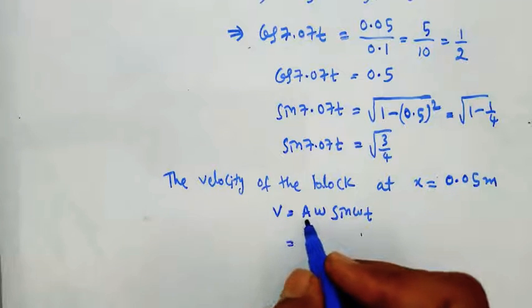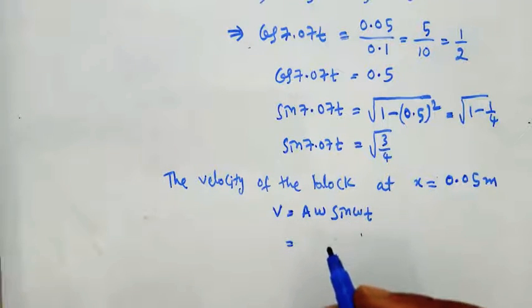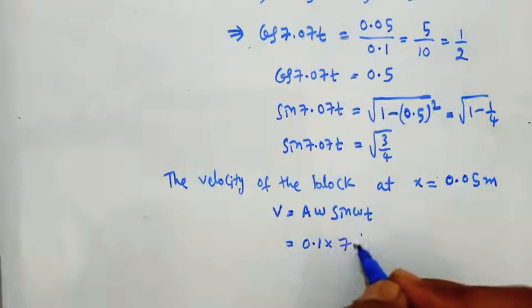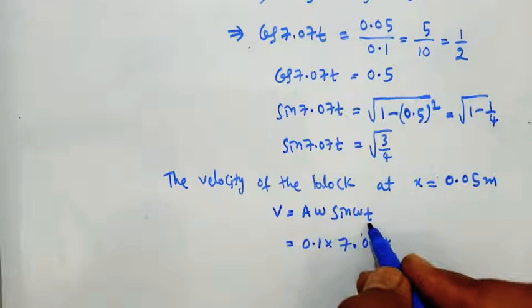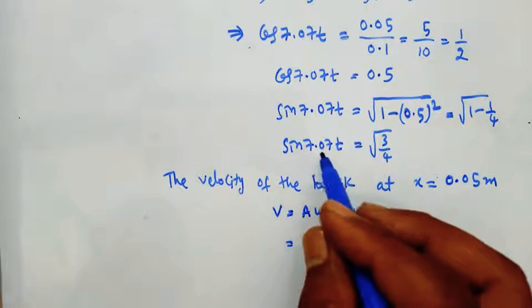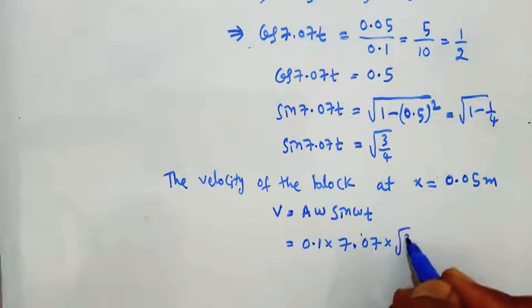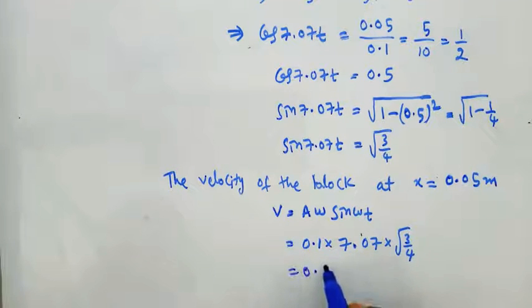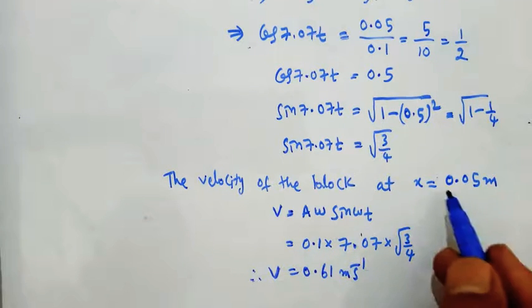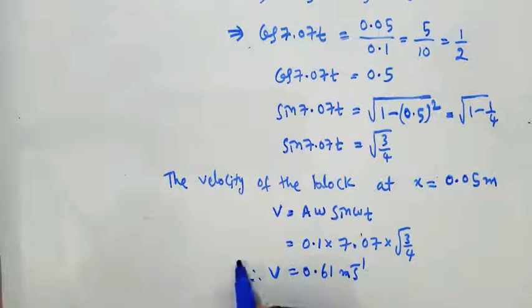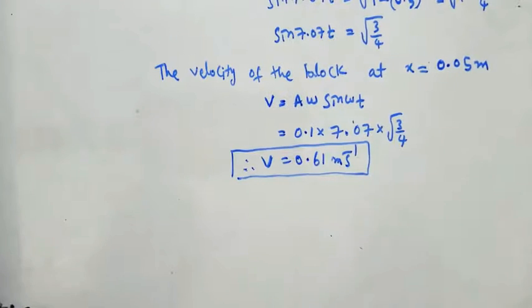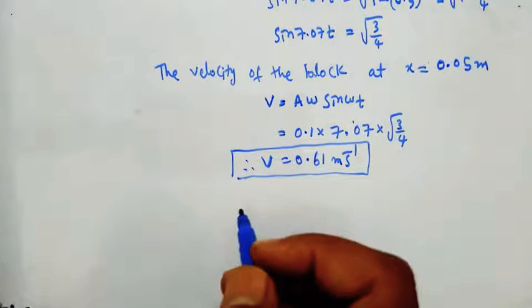Here A is 0.1, omega is 7.07, into sin 7.07 t, which is root 3 by 4. From this we get 0.61 meter per second. So the velocity of the block at x is equal to 0.05 meter is 0.61 meter per second.